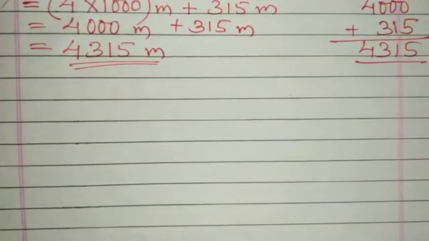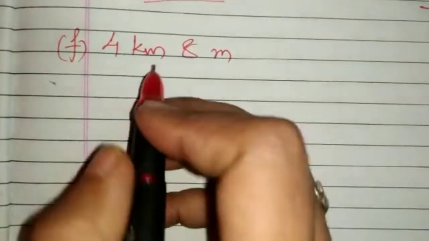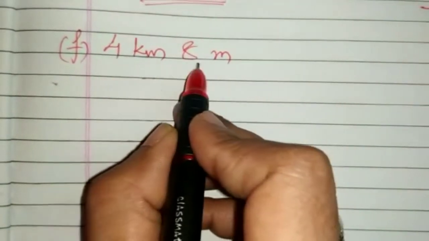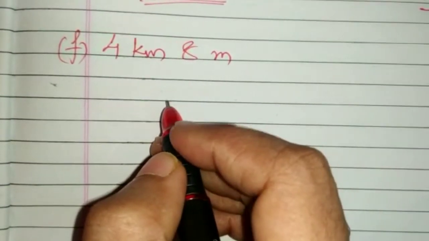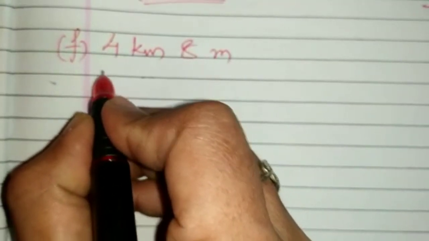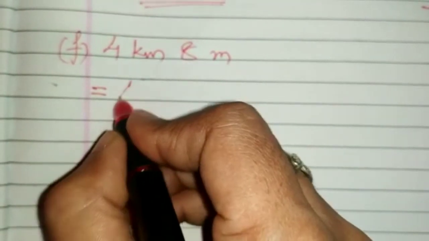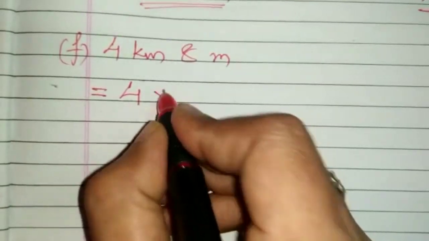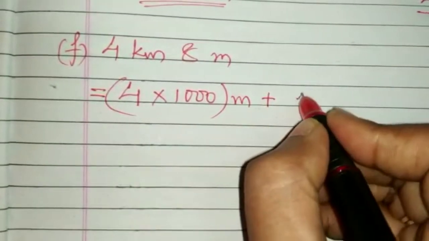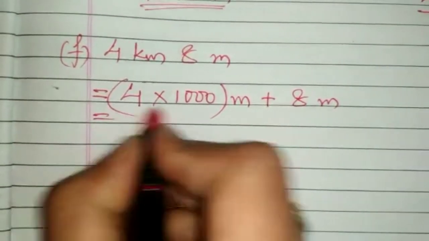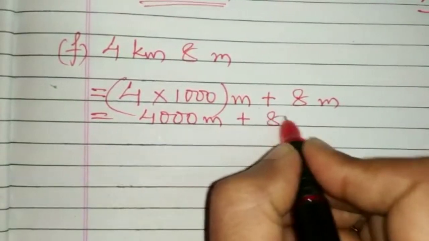Now let me show you one more example. Now the other example is F number I am doing 4 kilometer 8 meter. Mostly this type of questions students do mistake. So I am taking these examples. Now put equal to, will convert this 4 kilometer 4 into 1000. This is meter plus 8 meter. Now 4 into 1000 is 4000 meter plus 8 meter.